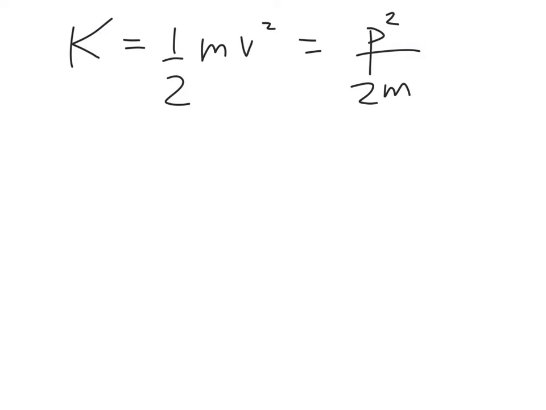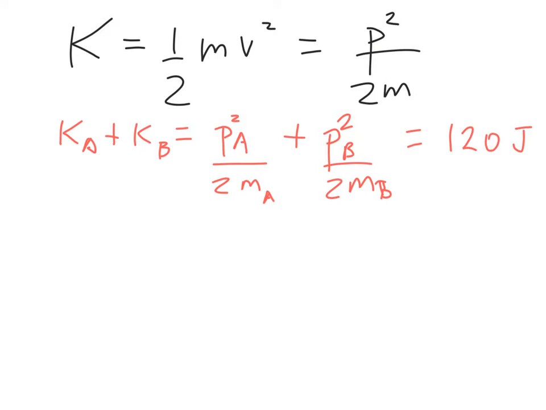Using this expression, we can say KA plus KB is equal to PA squared over 2MA plus PB squared over 2MB, which should be equal to 120 joules. However, we also know that PA plus PB is equal to 0, and so PA squared should be equal to PB squared. Further, we know that MA is 2 times MB.